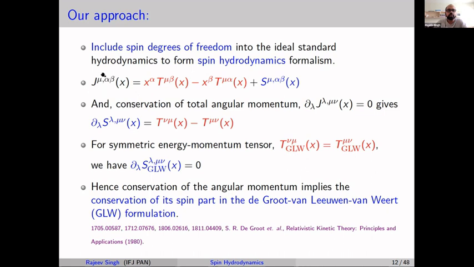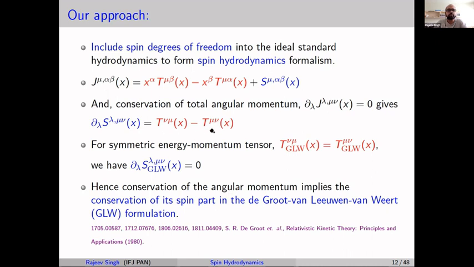This is the total angular momentum density, which is expressed in these two forms. This is the orbital angular momentum density, and this is the spin angular momentum density, and T is the energy momentum tensor. So we all know that this should be conserved globally, like the conservation of total angular momentum. Because of this conservation of total angular momentum, conservation of spin will give you the anti-symmetric part of the T mu nu.